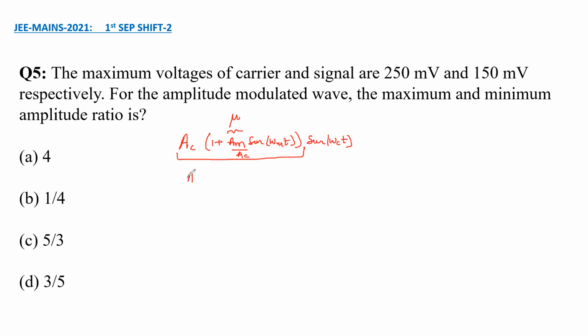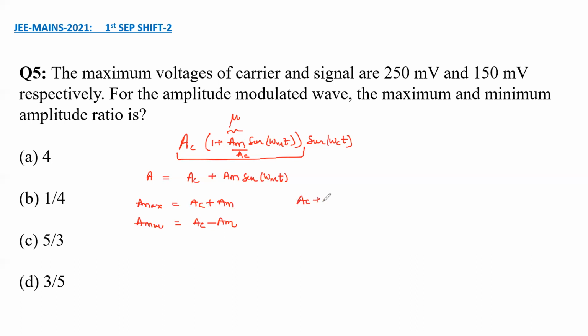So it is understandable that the amplitude term A is equal to Ac plus Am sine omega m t. So the maximum amplitude A max is equal to Ac plus Am, and minimum amplitude A min is equal to Ac minus Am. And the maximum to minimum amplitude ratio is being asked.